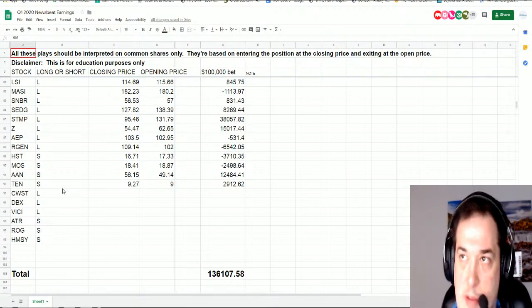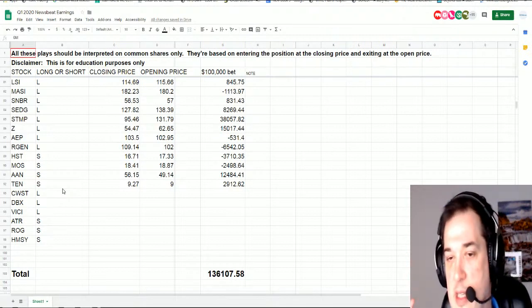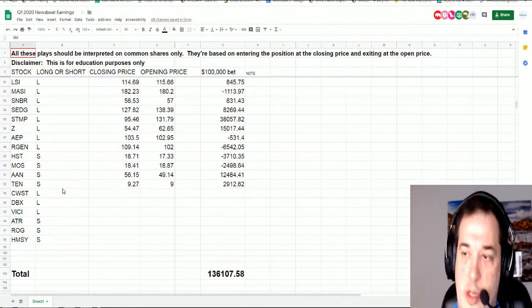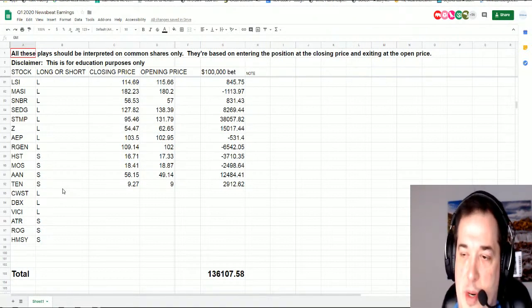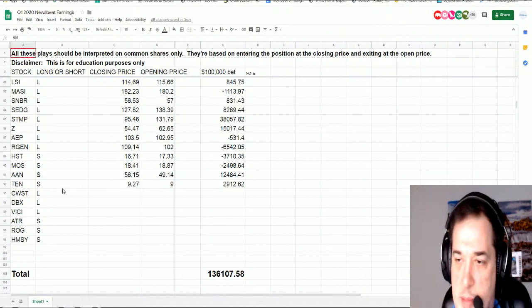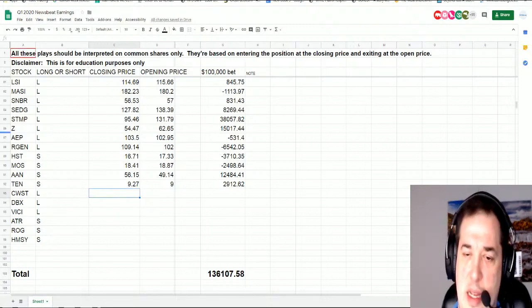If you're the world's first known trillionaire, maybe not infinitely scalable, but you get the picture. Nothing is scalable in that sense. But as far as any human being I've ever met, including Warren Buffett, if he was a Newsbeat Live member, this would be infinitely scalable for you. So let's take a look at the next part.